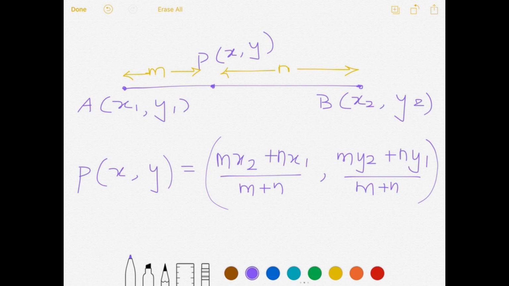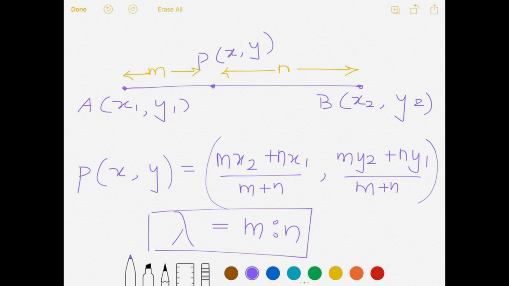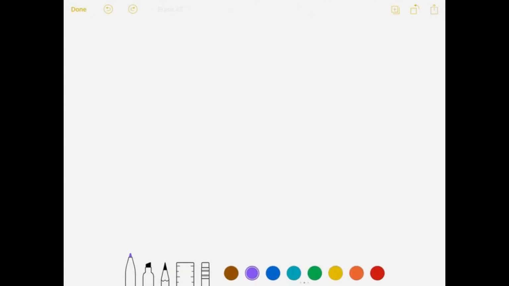Now sometimes you might have seen a section formula that includes a lambda. Okay, for that, very easy, lambda is considered as the ratio itself, m is to n. So instead of writing m and n, we can write a formula with lambda, where lambda is equal to m is to n. So how to modify the formula? It looks like this.